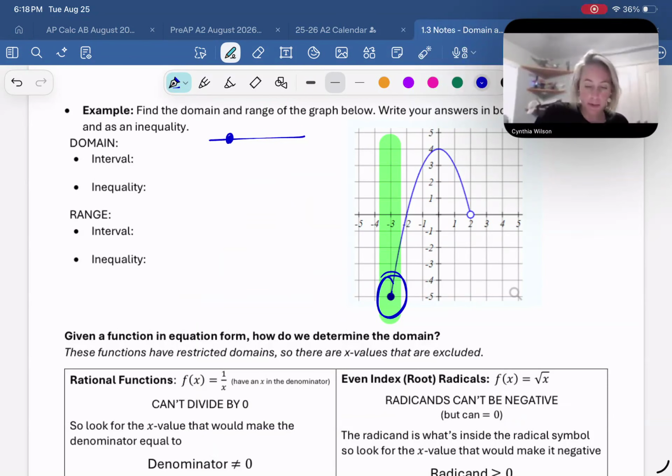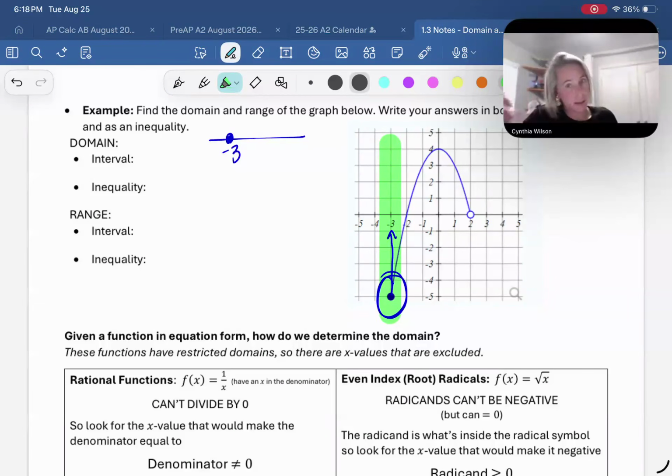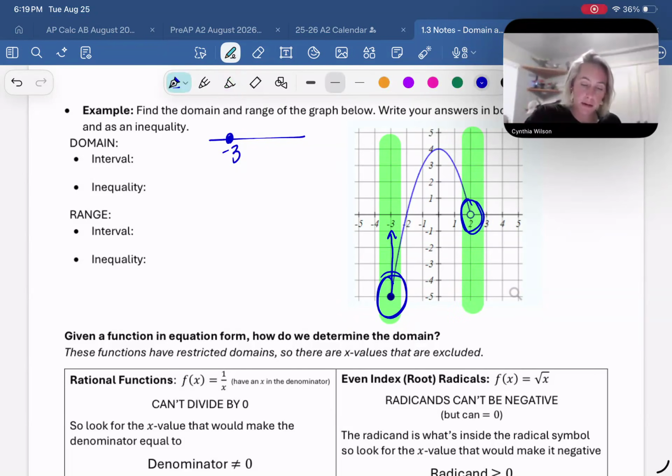I'm going to look down, and I can see that x value is -3. Now I'm going to go to the very, very right side, which is here. And I can see that that is an open dot, and that open dot is on that little bitty 2 there.